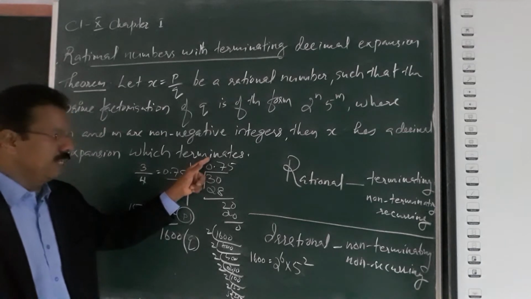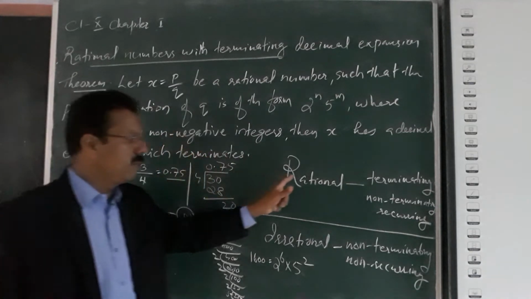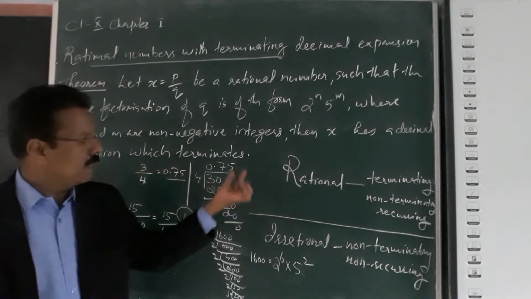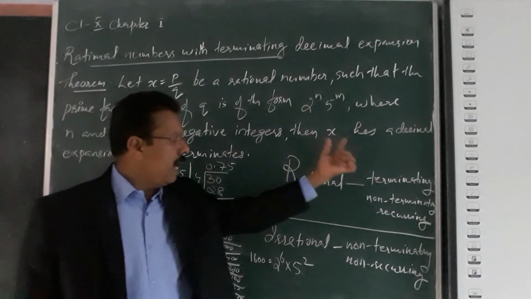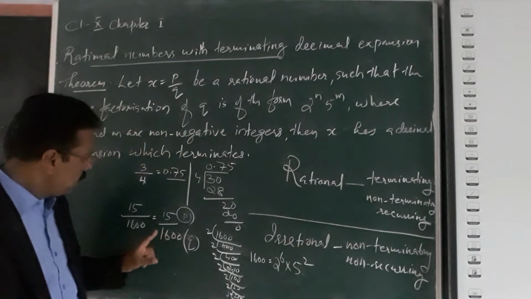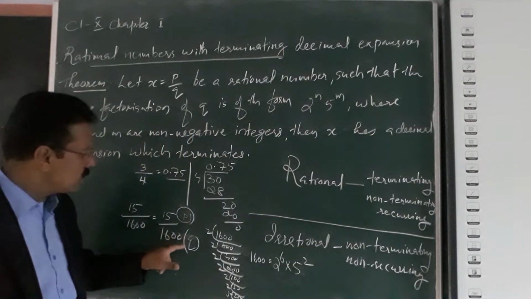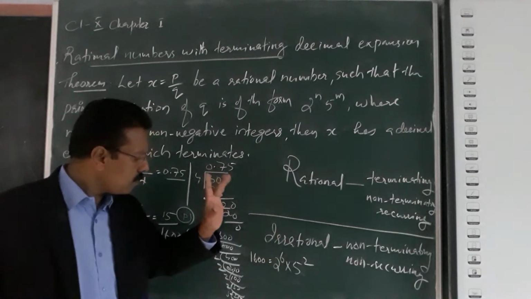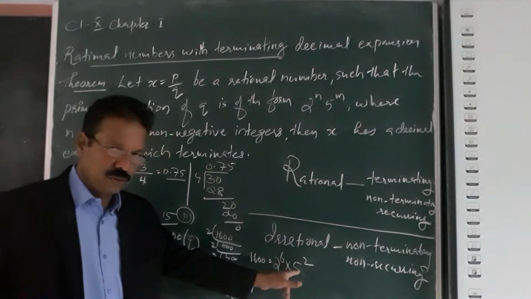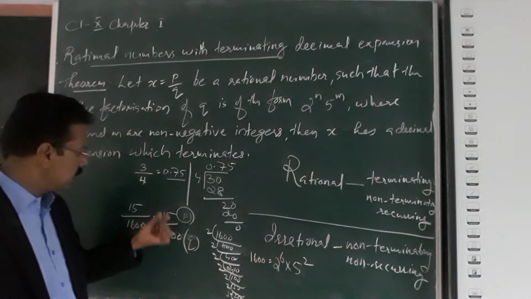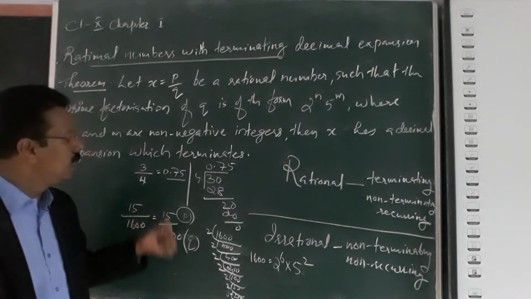In this case, without division, we can identify whether a rational number is terminating or non-terminating recurring. If the denominator q has only factors of 2 or 5 or both, the decimal expansion of that rational number p by q will be terminating.